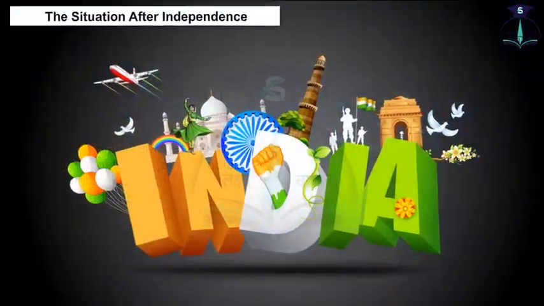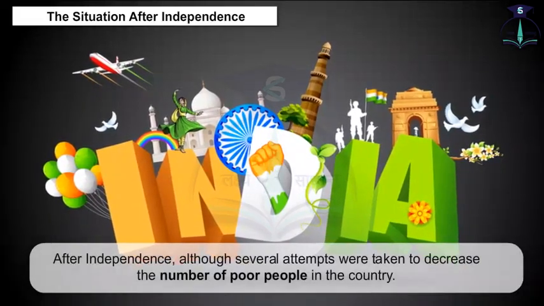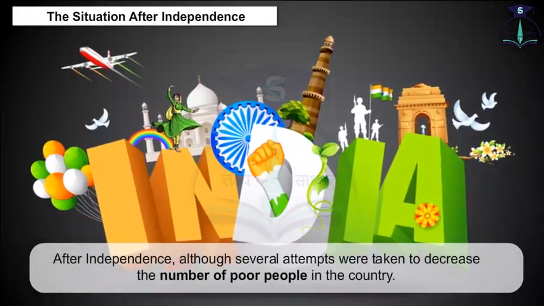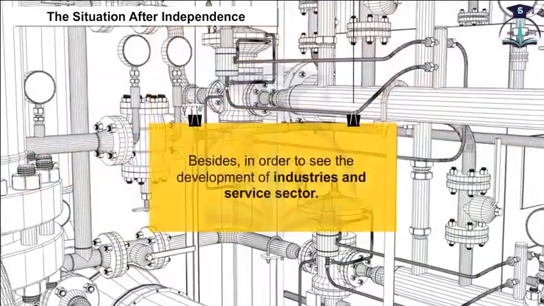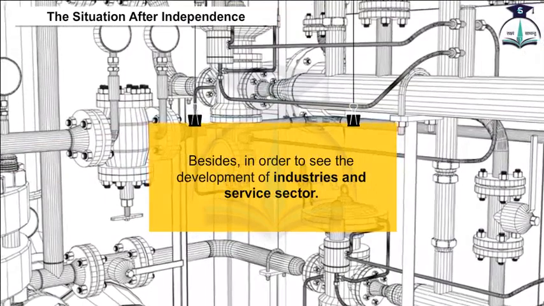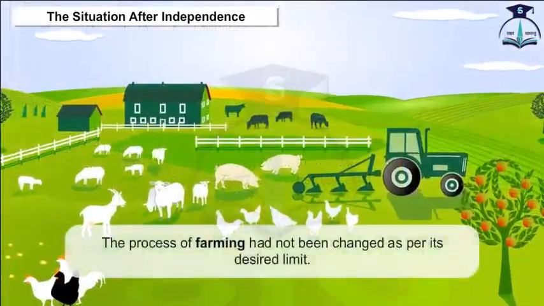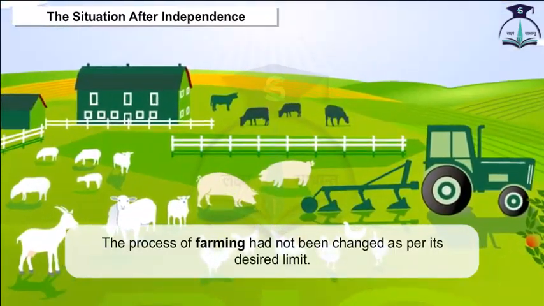The situation after independence. After independence, although several attempts were made to decrease the number of poor people in the country, besides, in order to see the development of industries and the service sector, the process of farming had not been changed as per its desired limit.